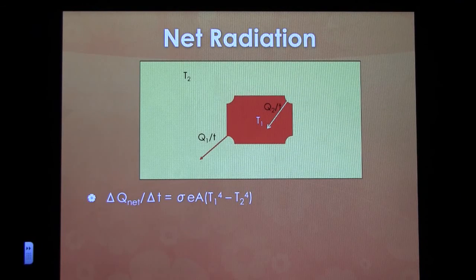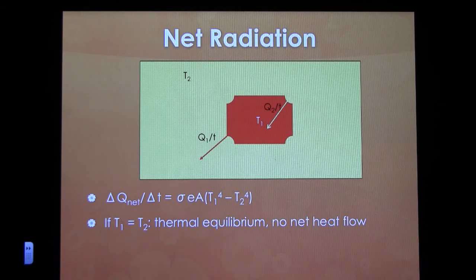Based on the temperatures of the two objects, we can determine if the net energy is transferred to the object or to the surroundings. For example, if the temperatures are equal, T1 equals T2, then plugging T1 and T2 into the equation, we'll see that the value in parentheses will become 0, and any number times 0 will give us an answer of 0.